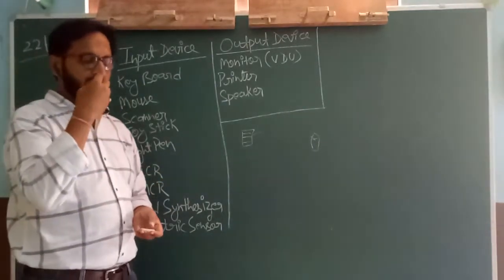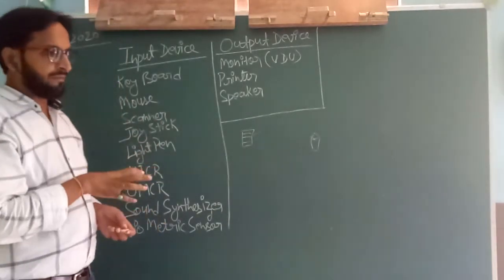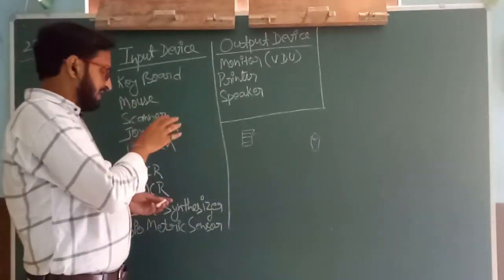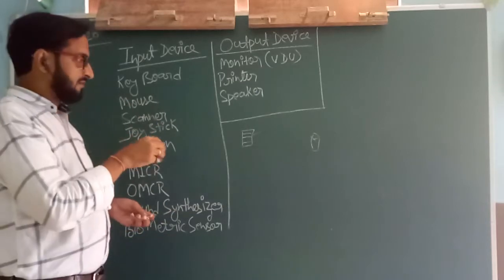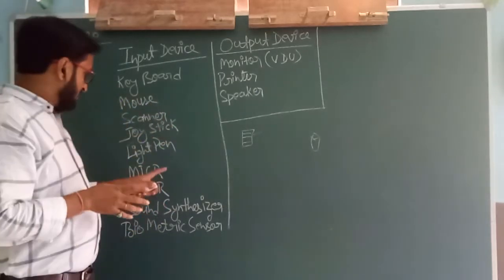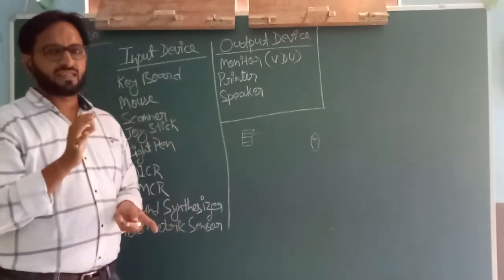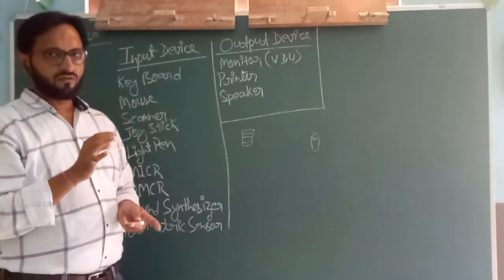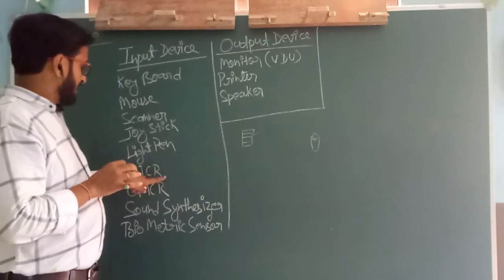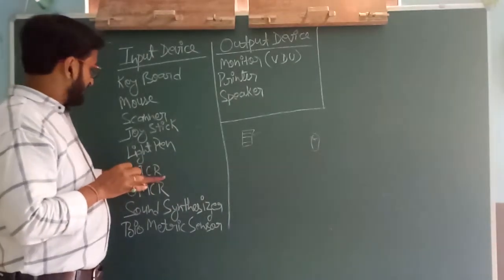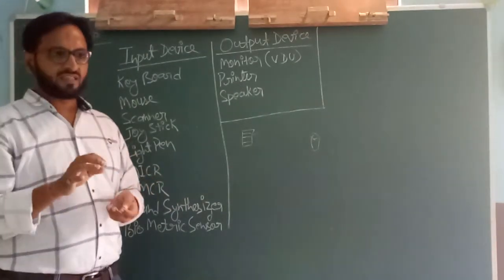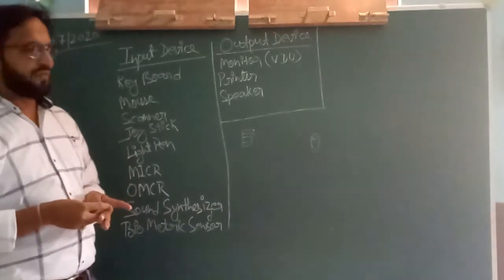When we submit the checks into the bank, the bank employees will insert the check into the MICR machine. It will recognize whether it is good or bad, and it will finally decide whether the check is genuine or fake.